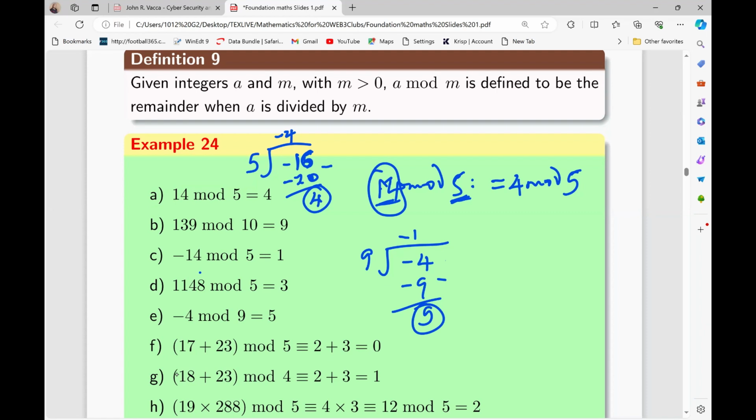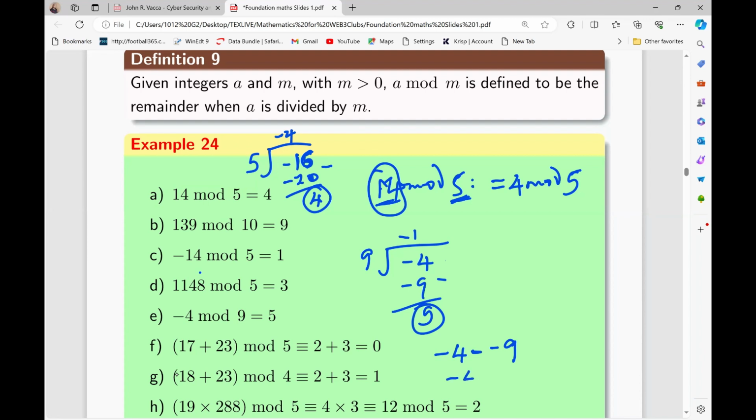I know you know how to subtract, because this is just subtracting. -4 minus -9. Minus times minus is positive.